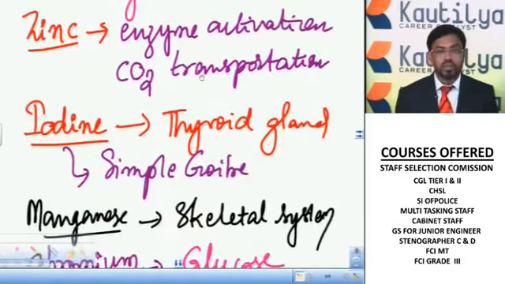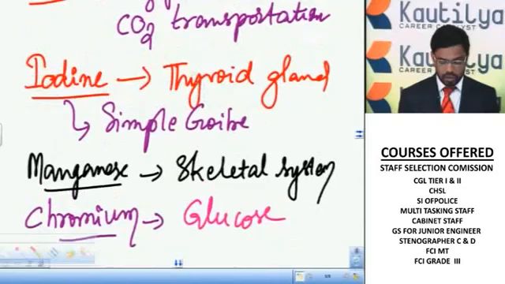Zinc is also useful for development of the gonads, that is reproductive organs, and zinc is useful for enzyme activation and is also useful for transportation of carbon dioxide, and it also acts as a cofactor for decarboxylase enzyme.